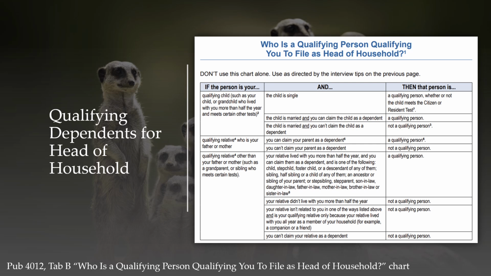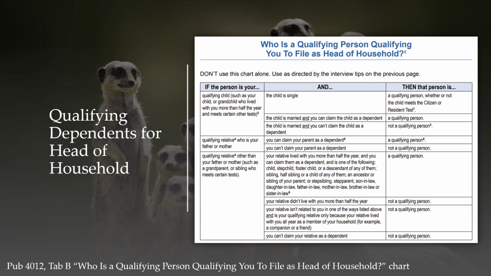However, if that qualifying child is married, then it matters whether or not the taxpayer claims them as a dependent. If they are claimed as a dependent, they would be a qualifying person. If they are not claimed as a dependent, then they are not a qualifying person and our taxpayer cannot use them to file head of household.